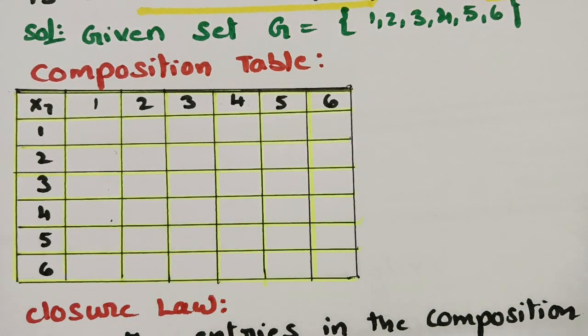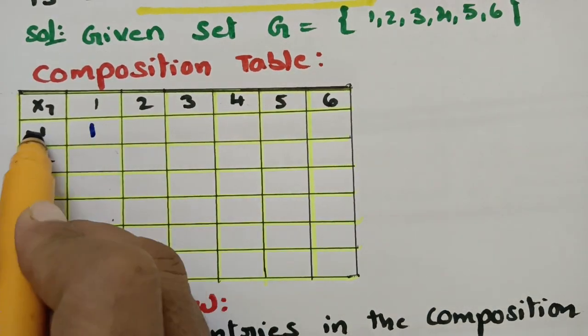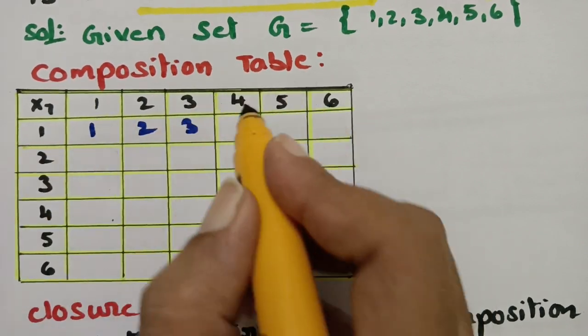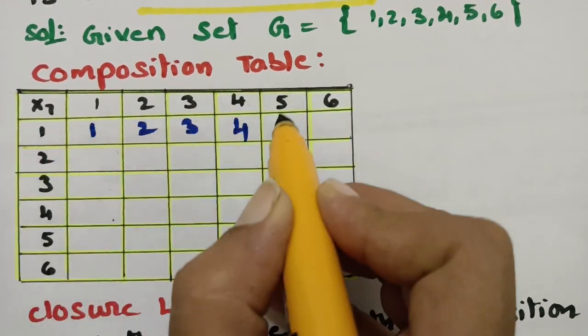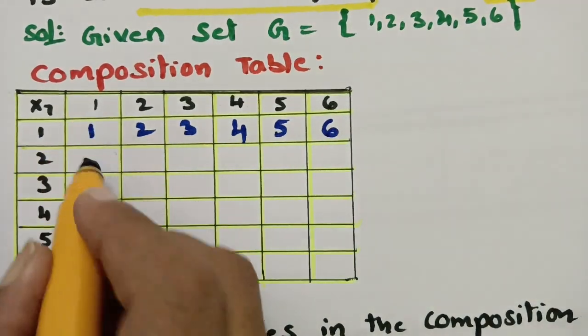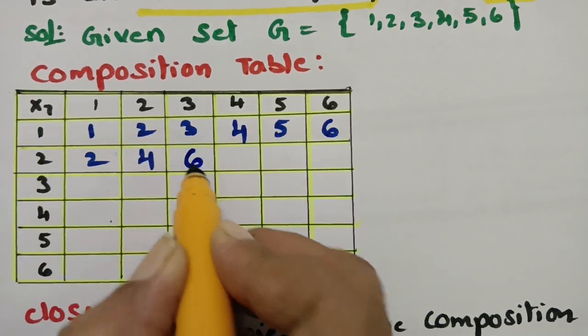Now 1 into 1 is 1, 1 divided by 7 leaves 1. 1 into 2 is 2, 1 into 3 is 3, 1 into 4 is 4, 1 into 5 is 5, 1 into 6 is 6. Clear? And next one, 2 ones are 2, 2 twos are 4, 2 threes are 6.